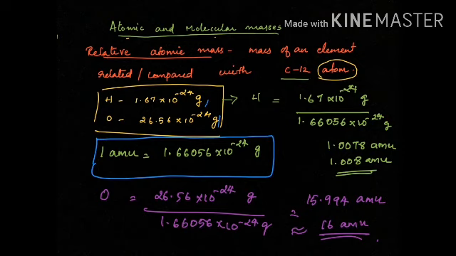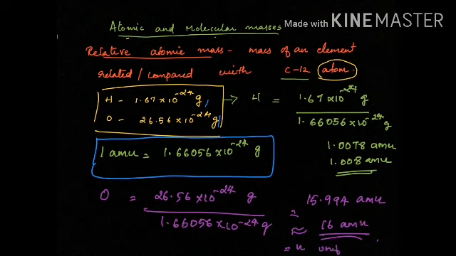So now we are comparing the mass of the element with that of the carbon 12 atom. So we will be using AMU as the unit for atomic masses. But nowadays we have changed the atomic mass unit. Instead of AMU we are using a term known as u. What is u?